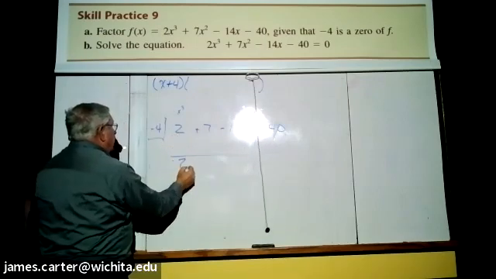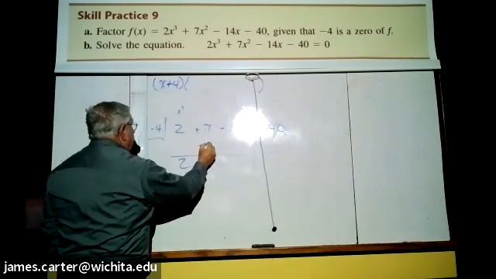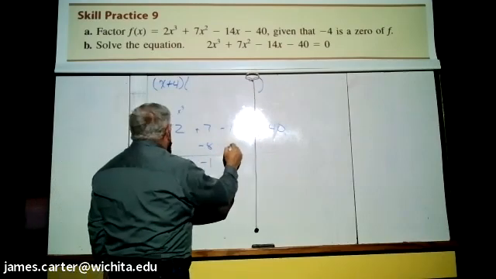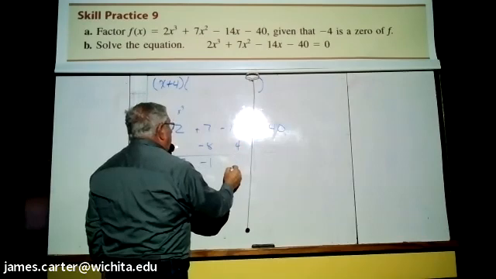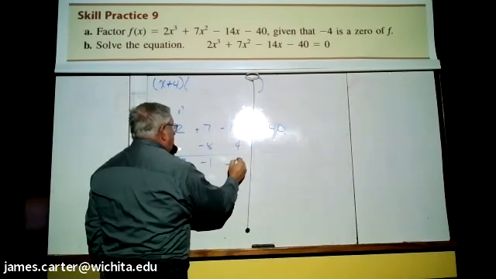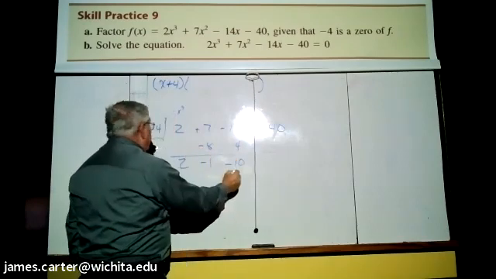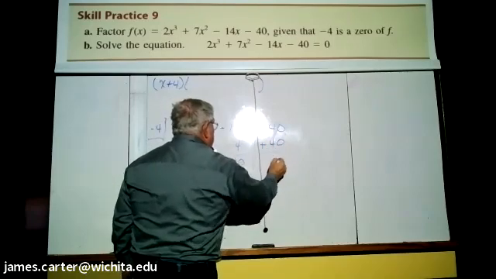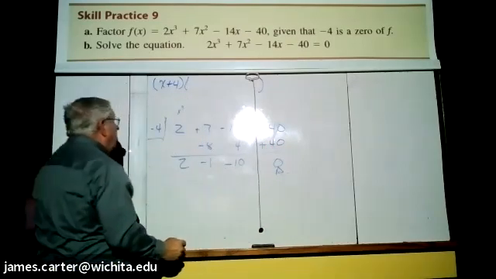Okay, so I bring down the 2 and I get -8. There's -1 and I get +4. And here's -10 and I get +40. 0 remainder.